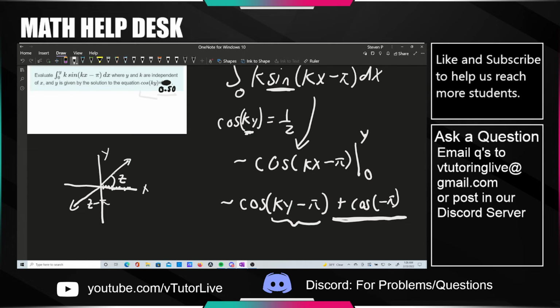Subtracting pi means a reflection across the origin, or a swivel of 180 degrees. The point I'm trying to make here is that the length of this shadow is exactly the length of this shadow just by symmetry, which means that, because the x component is your cosine, the cosine of z minus pi is exactly equal to the negative of cosine of z.